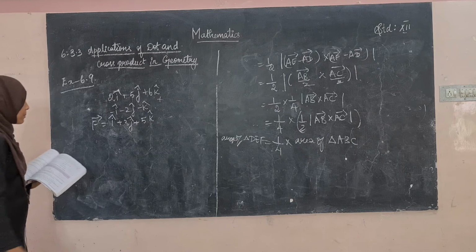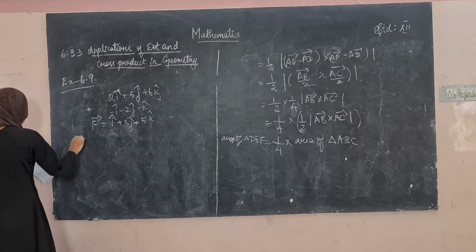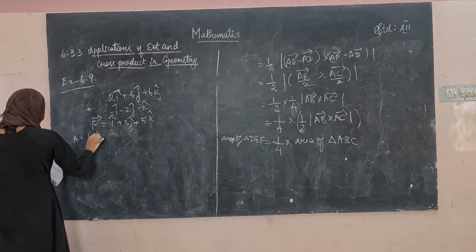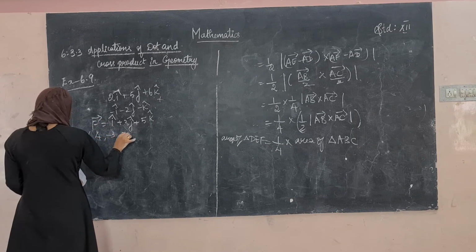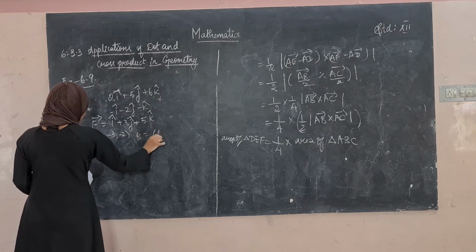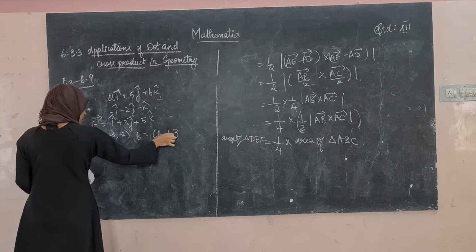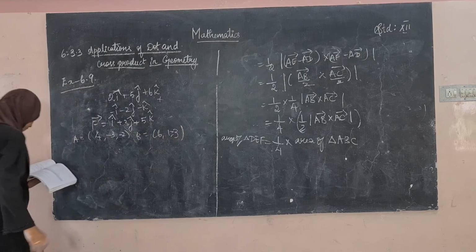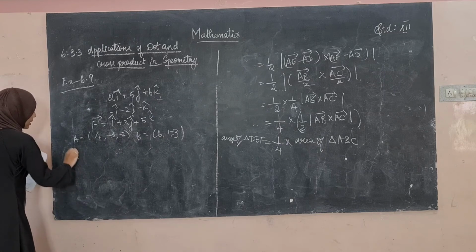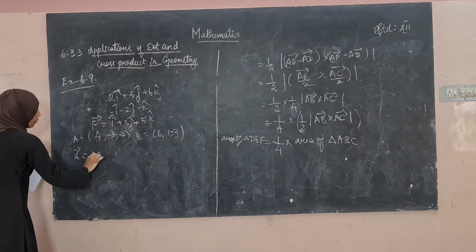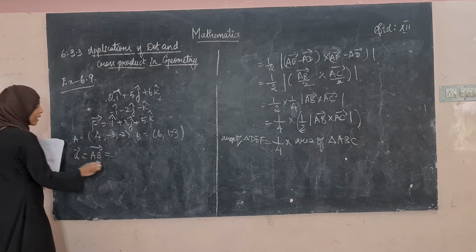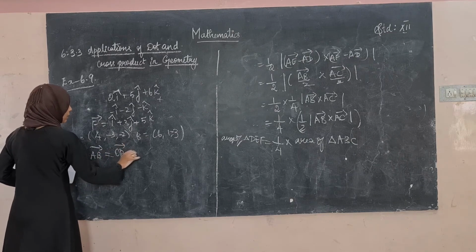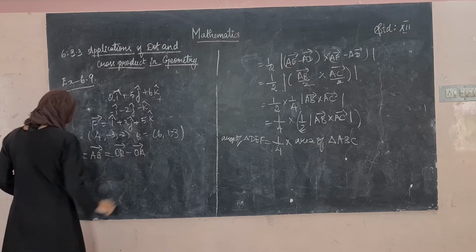The displacement is from a point A, given by minus 4, minus 3, minus 2, to B, given by 6, 1, minus 3 respectively. So AB vector can be written as OB vector minus OA vector.